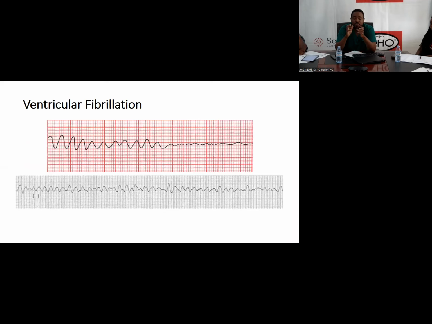Each bit will appear different from the other. The preceding one might be small, then the next one is bigger. There's really no baseline of what QRS complex is appearing. And this is incompatible with life. We see it in patients who are dying and they'll be arrested at that point. So these patients need to be defibrillated and CPR initiated for them.